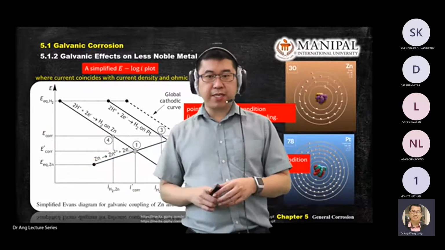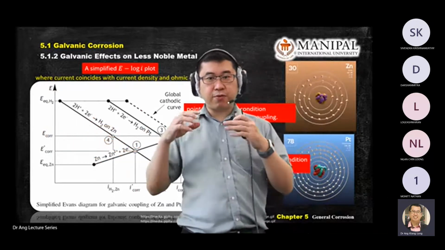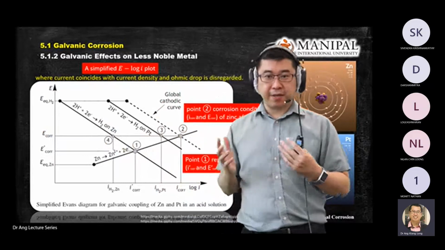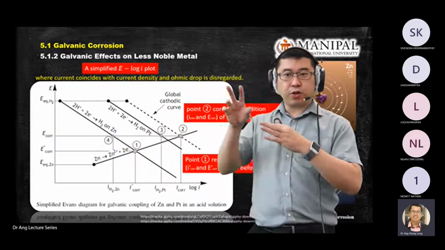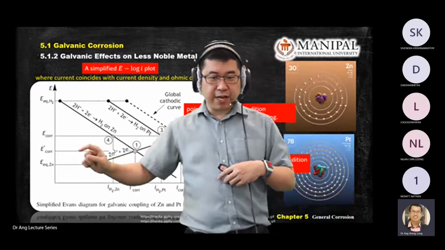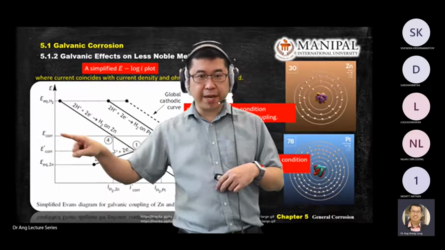E corrosion is different: it will change its value when you meet up with a different member. Don't use the table value in volts for this value. This is only when they meet together, and then there is a value that you measure from experiment.